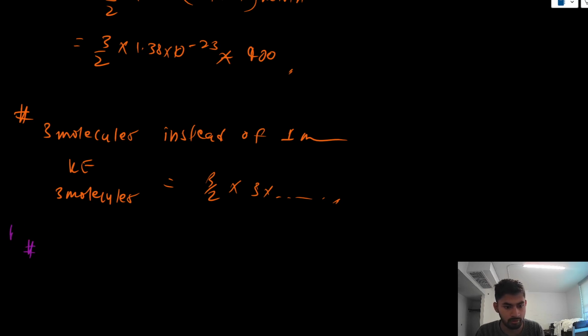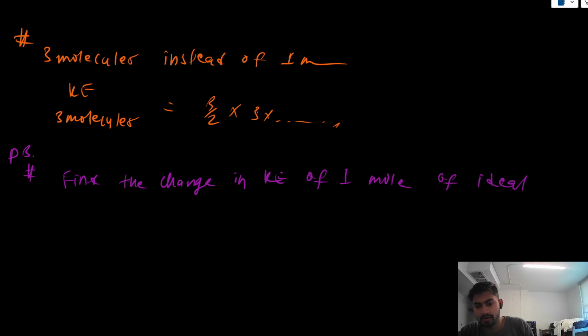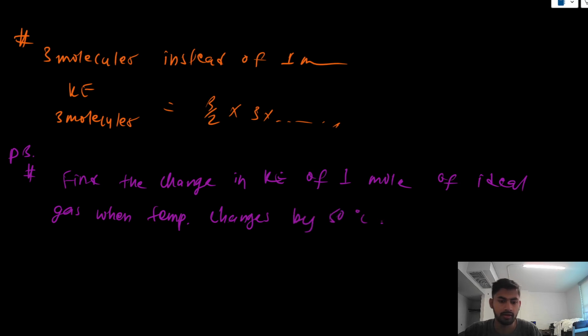For example, problem 3: find the change in kinetic energy of 1 mole of ideal gas when temperature changes by 50 degrees Celsius.